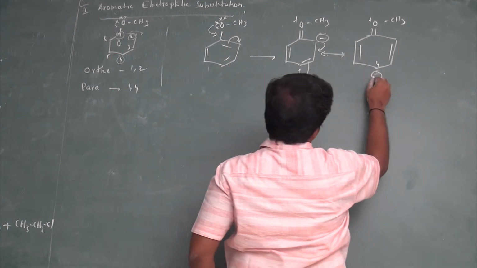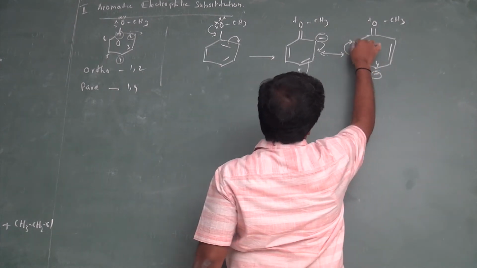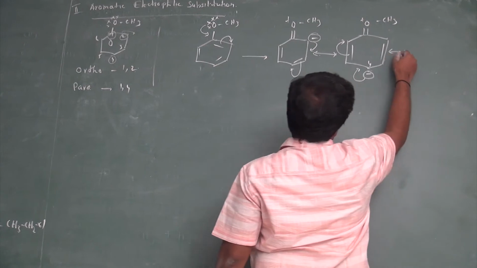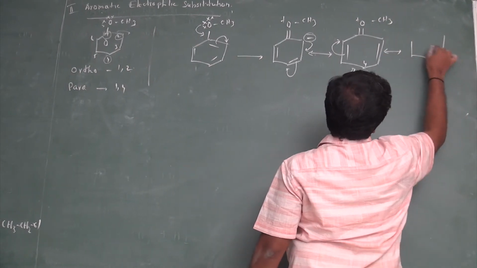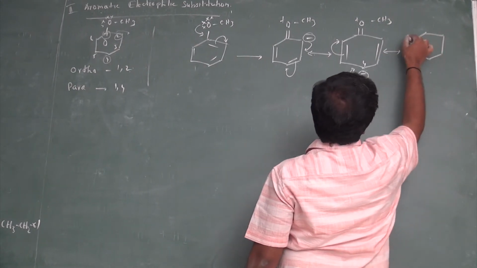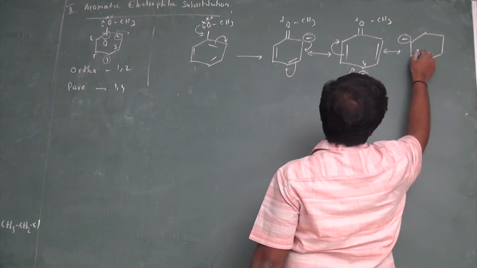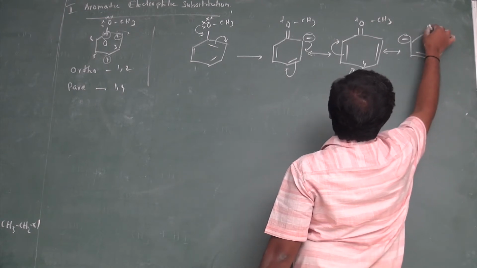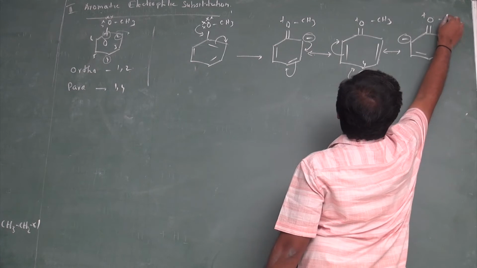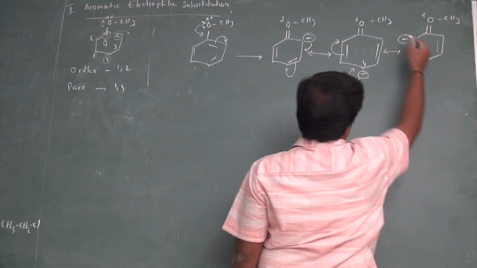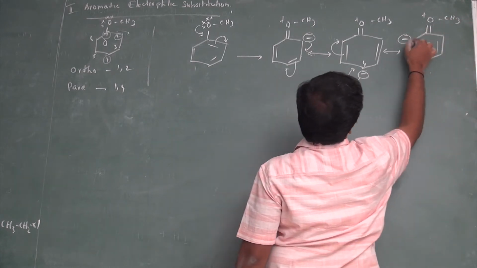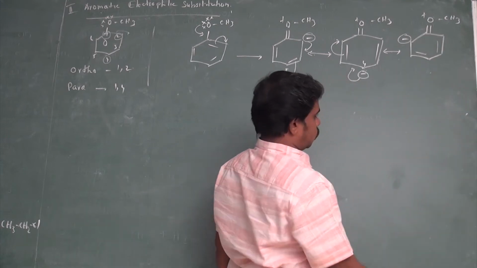Now it is moving here and it is moving here. So in the resonating structure, C6H5 and the bond is negative, and here the double bond O plus and CH3. So it is the second position. It is nothing but ortho.